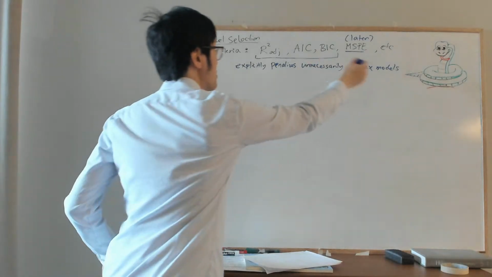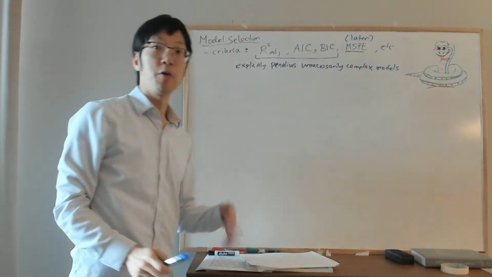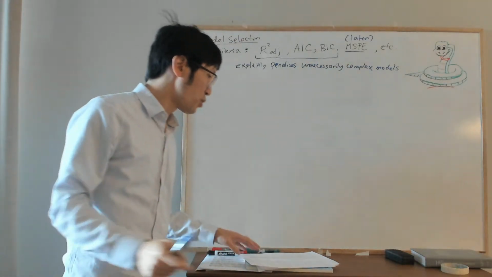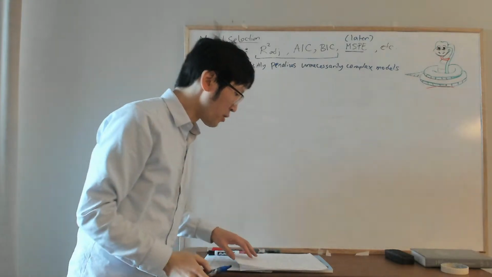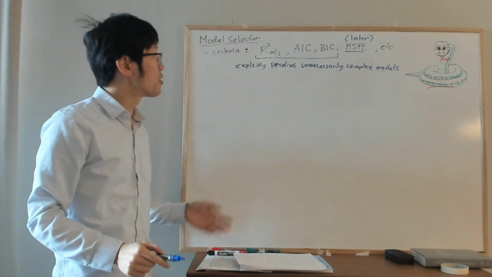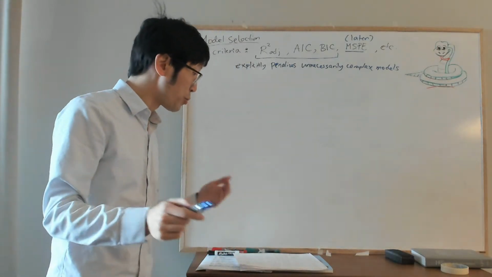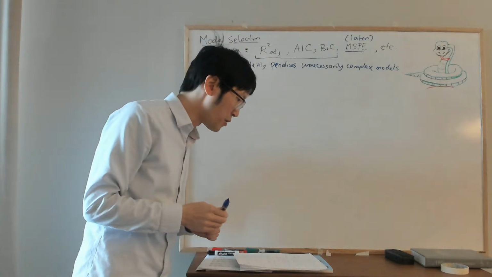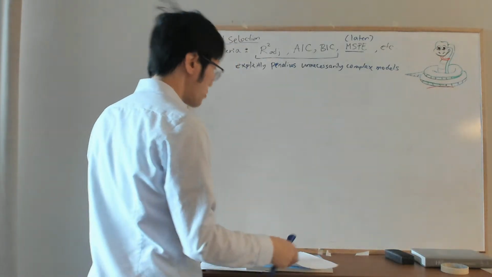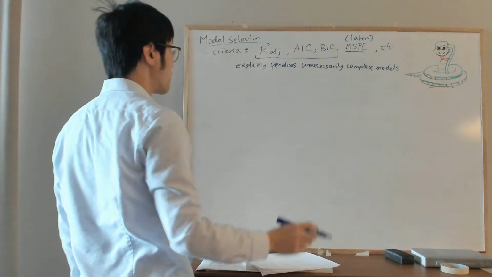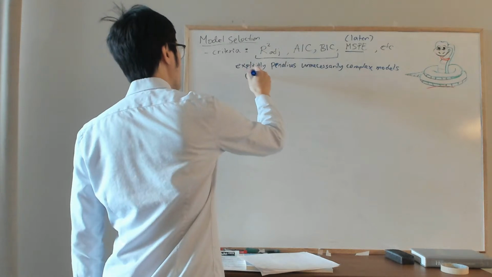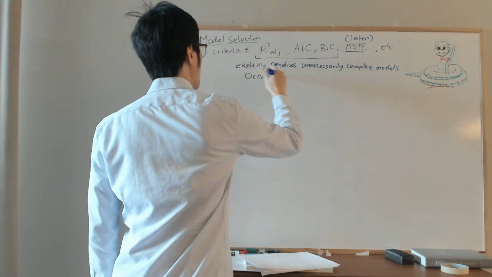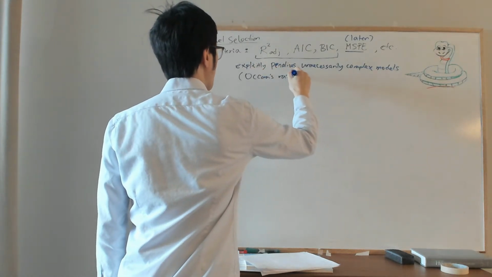What we mean by unnecessarily complex is if we throw in additional predictors that don't actually help explain the response, then we would prefer the simpler one. We would prefer to take out the unnecessary variables. Related to that is the philosophical idea of Occam's razor, which I mentioned last time as well.